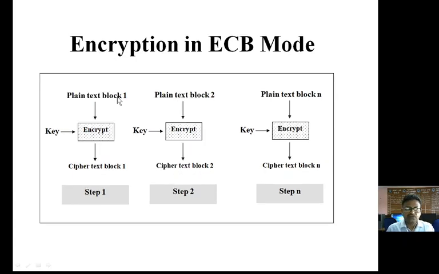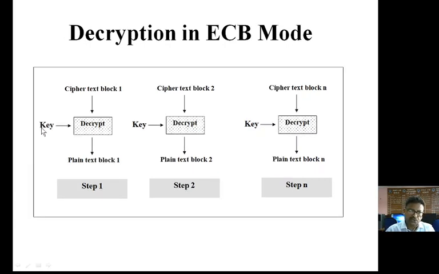Of course, in case of encryption, we will be using the key and we are using the encryption algorithm to get the ciphertext block 1. But in case of decryption, we are using the same key, but we are using the decryption algorithm. Now, encryption algorithm and decryption algorithm are more or less the same. The way by which encryption is done, the same way decryption is done, but in the reverse order.